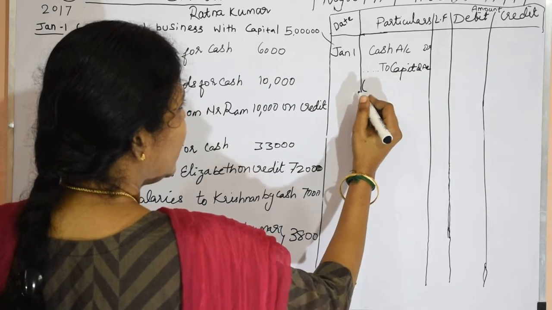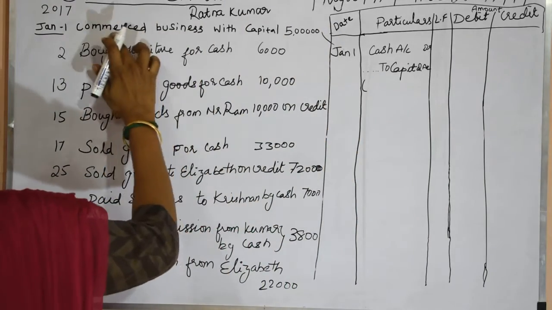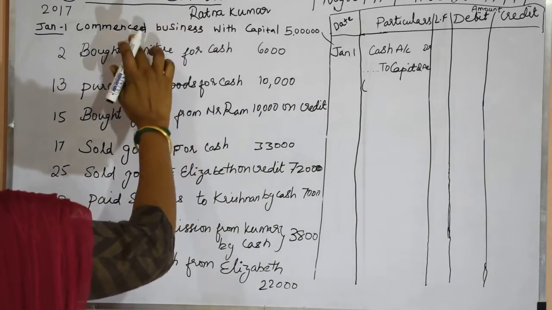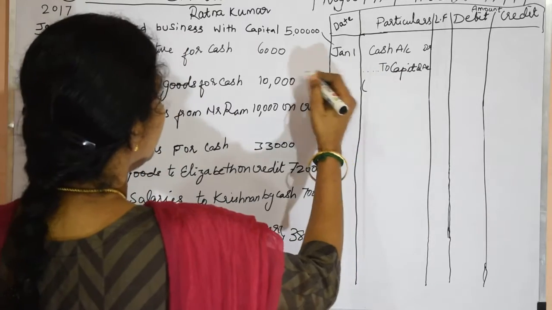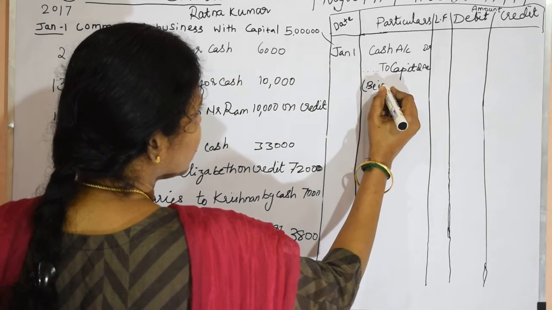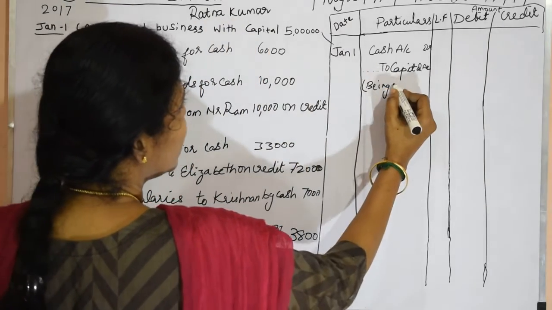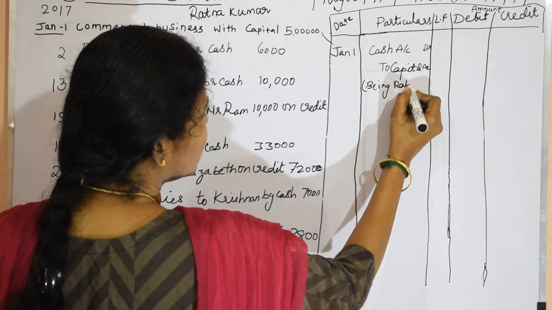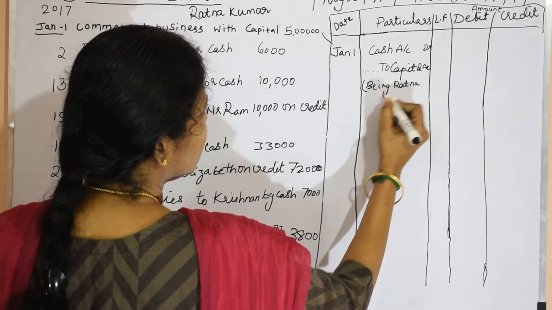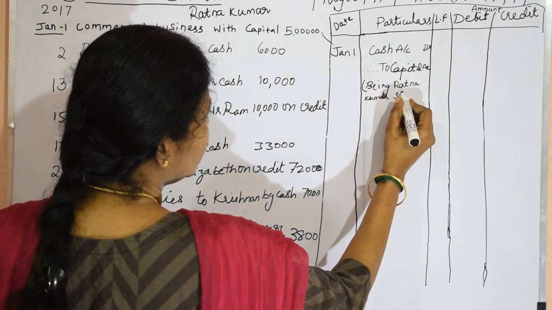Then we have to write a narration. Narration means a small description of what we have done. So the description is Mr. Ratna Kumar started the business.